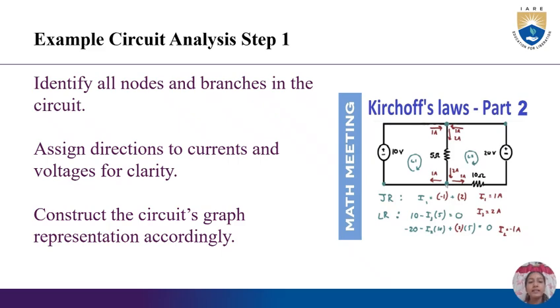Assign directions to currents and voltages for clarity. After that, we must assign directions for currents and voltages by representing an arrow mark by which we can get clarity. Construct the circuit's graph representation accordingly.